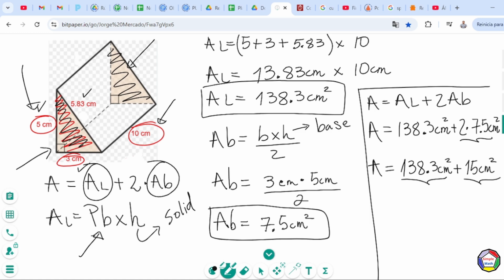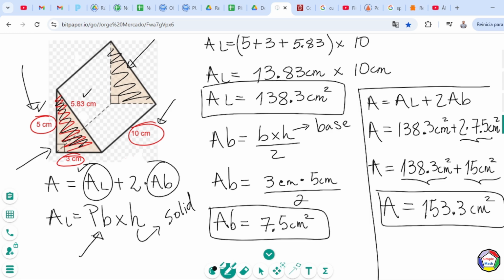How much is 138.3 plus 15? The answer is that the surface area is 153.3 centimeters squared.